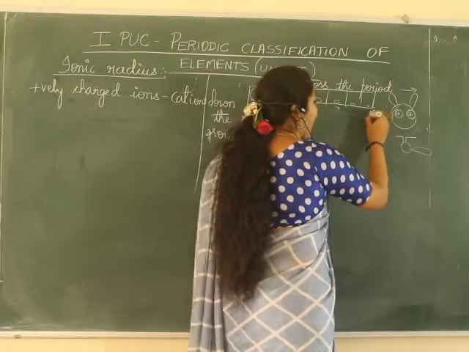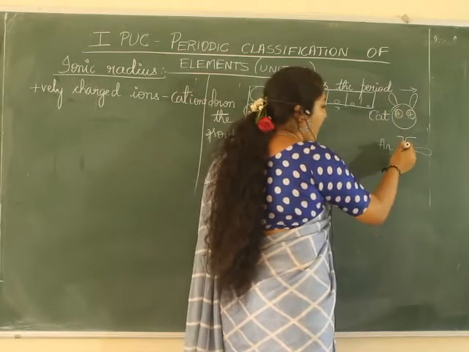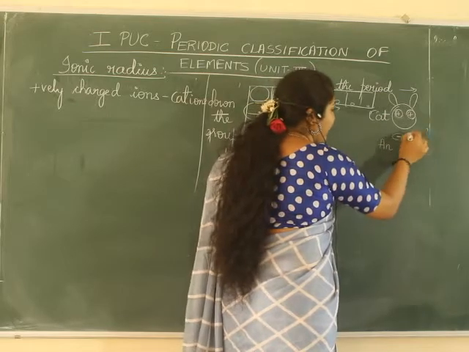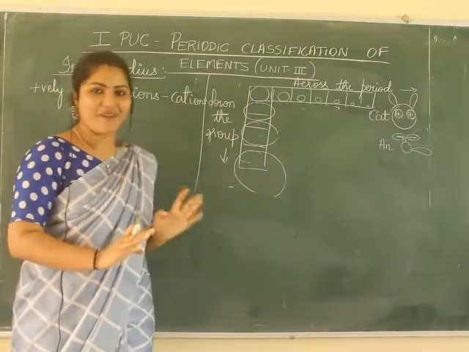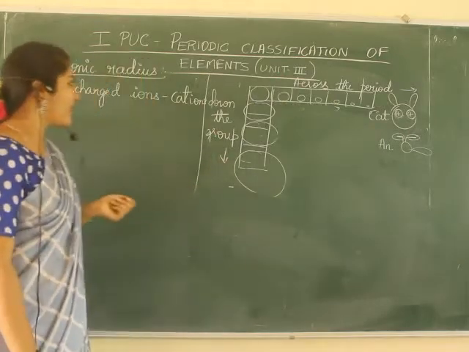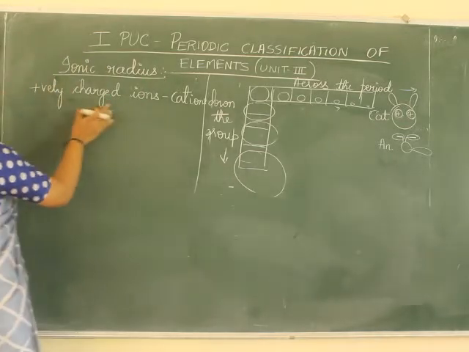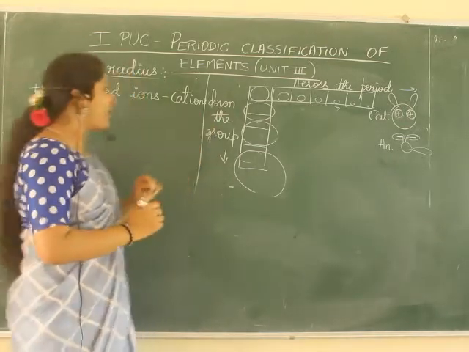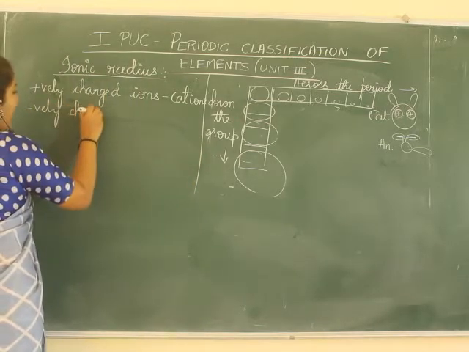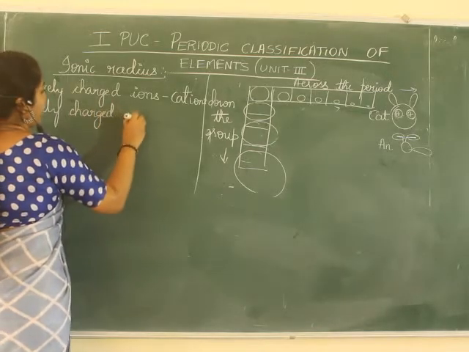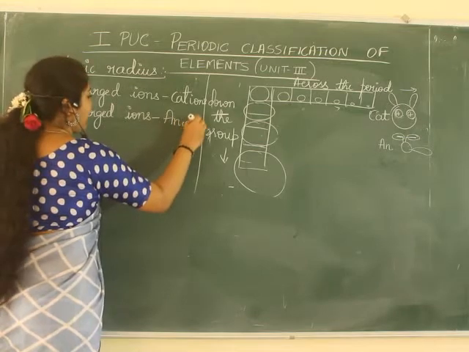So cat means positive charge, and anion means negatively charged species. This is how we were taught. So if you find it difficult to remember, you can remember this way. Positively charged ions are called cations. Negatively charged ions are called anions.